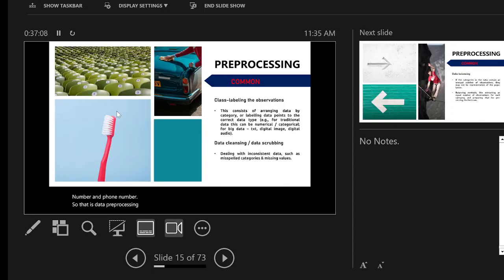So let us now look at common data pre-processing methods. One is what we call class labeling the observations. This consists of arranging data by category, or labeling the data points with the correct data types. Traditional data, as we have said, can be numerical or categorical.